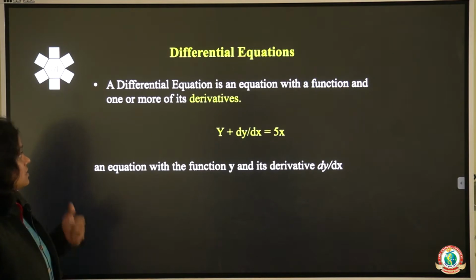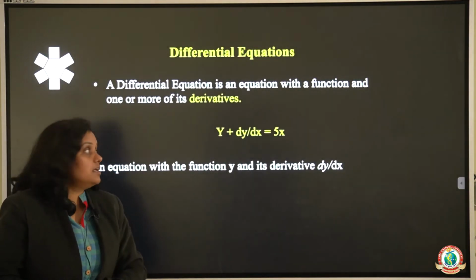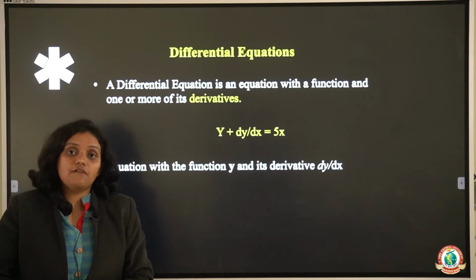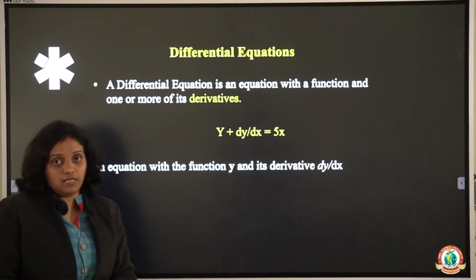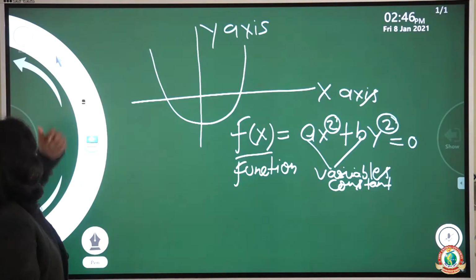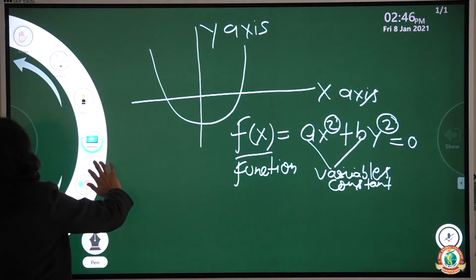Differential equation. The differential equation is defined as a function with its derivatives. Now we discuss the differential equation.